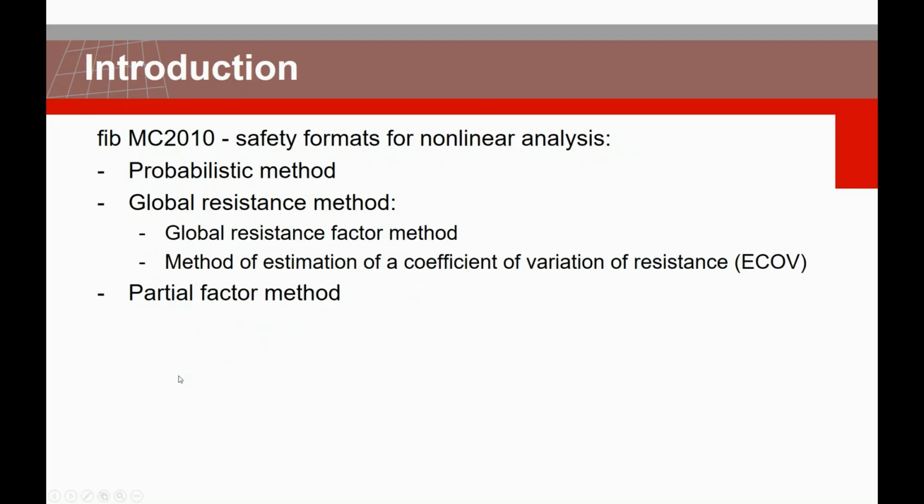In the fib Model Code, there are 3 safety formats which you are allowed to use for nonlinear analysis: the probabilistic method, the global resistance method, and the partial factor method. The probabilistic method is the most detailed method.